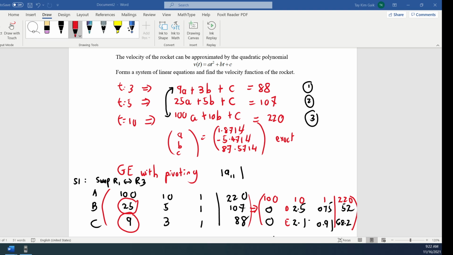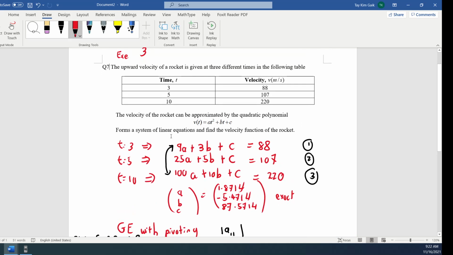No. Abdirazak, can it be solved using Thomas method? Can this question 7, formed into a system of linear equations, be solved using Thomas method?